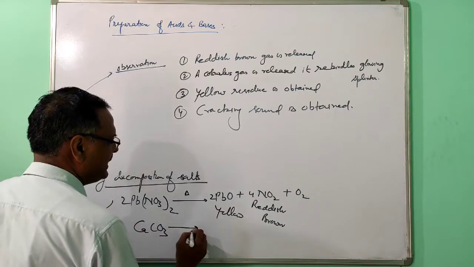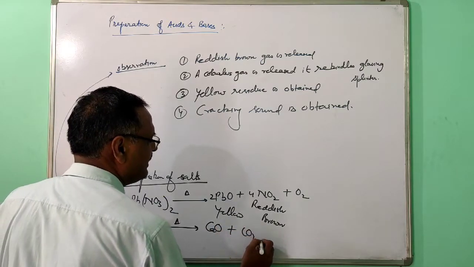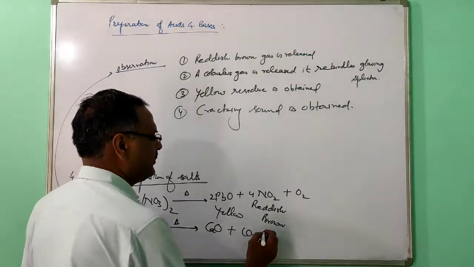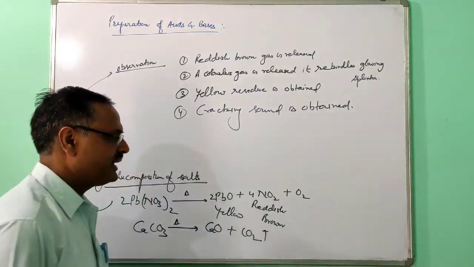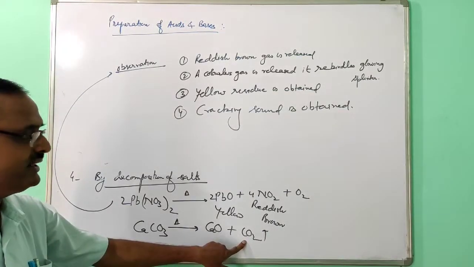And one more is given, by heating calcium carbonate. When you heat calcium carbonate, it will give calcium oxide and carbon dioxide. Here, if you are asked to name the gas released, what will you say? Carbon dioxide.